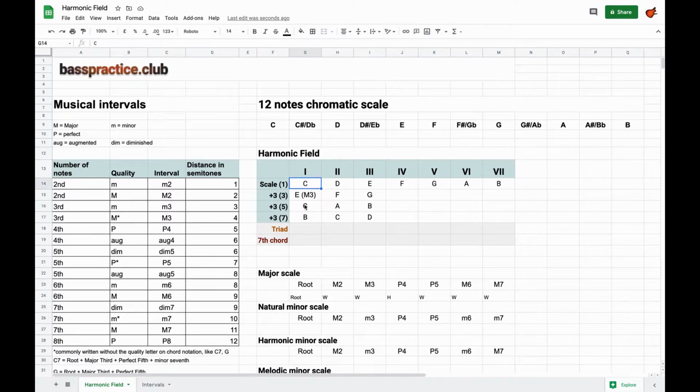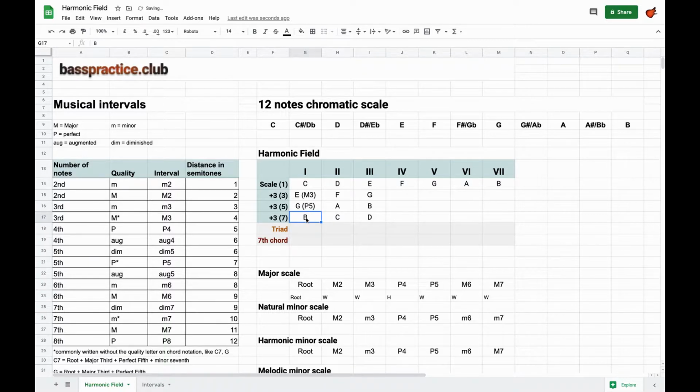Let's check the G. From C to G, how many semitones do I have? 1, 2, 3, 4, 5, 6, 7 semitones. So I go here on the interval table. Oh, it's a perfect fifth. So I can write here, it's a perfect fifth.